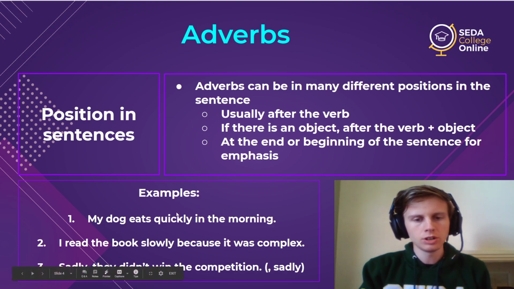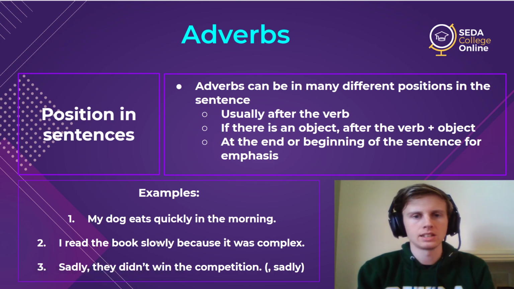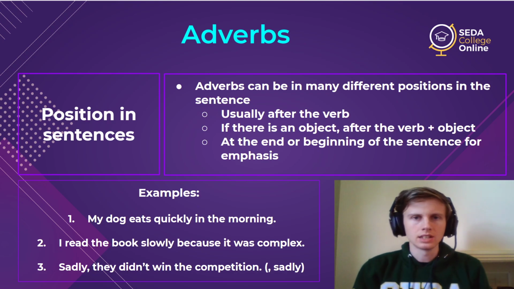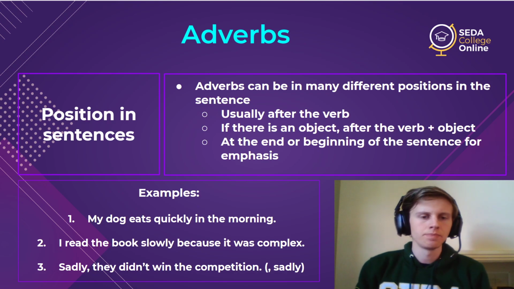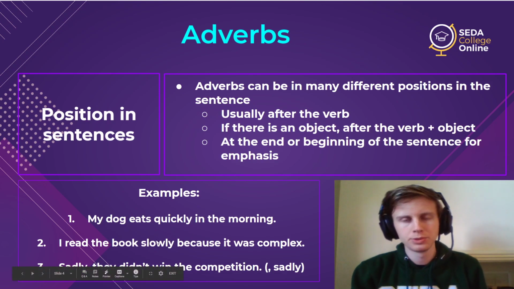Adverbs after the verb like this, we don't need a comma because this is the basic situation. But if you do put them at the beginning or the end of the sentence, you must have a comma, because now you're using something a little more special. And I'll talk about why we do this at the end of the lesson. So for now, just know this is kind of the basic thing you need to know about adverbs.